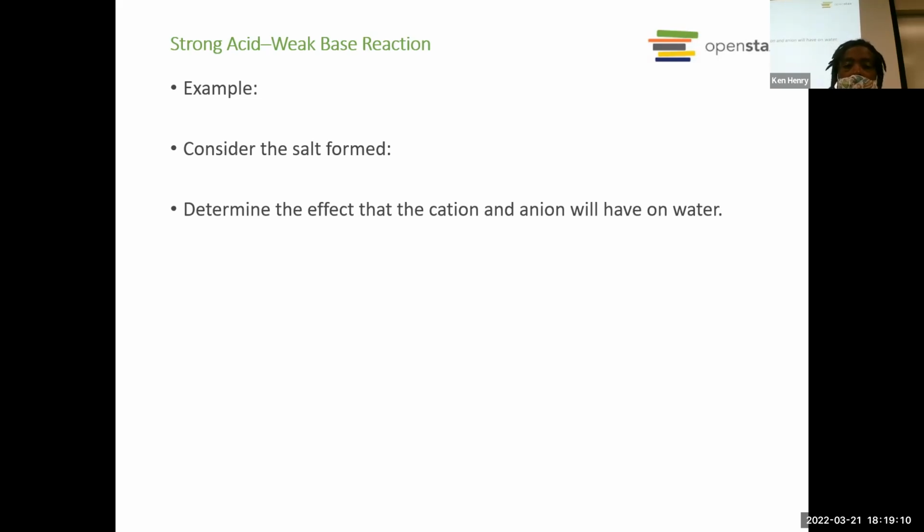Let me give you an example: a strong acid, HCl, and a weak base. So what do we expect in this case?